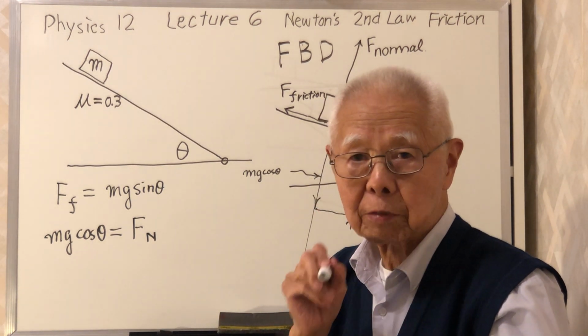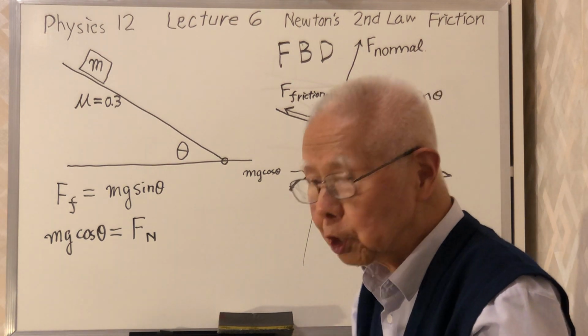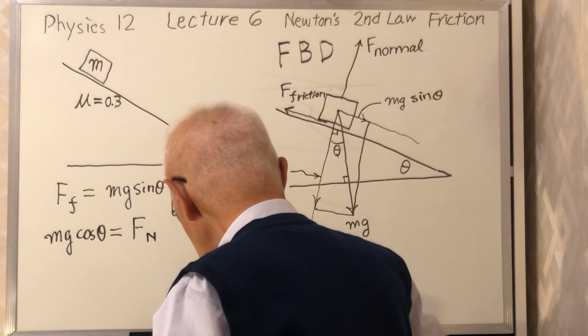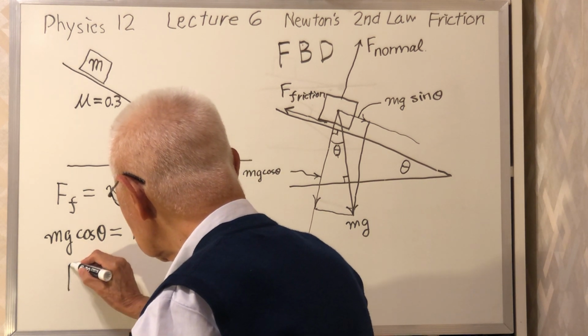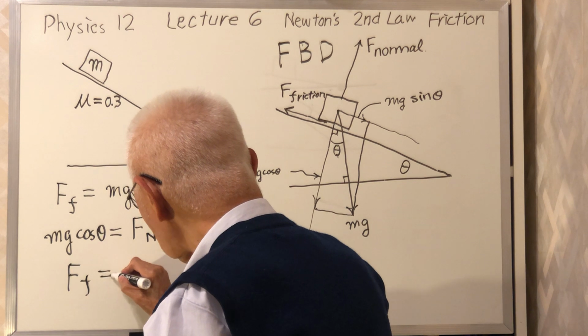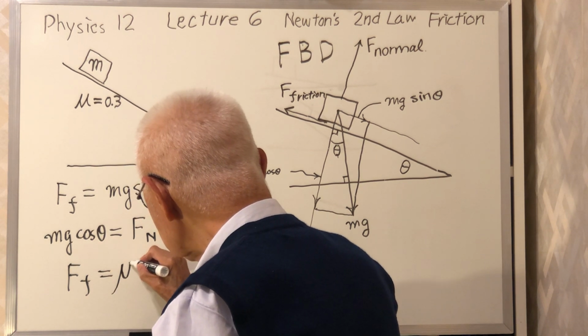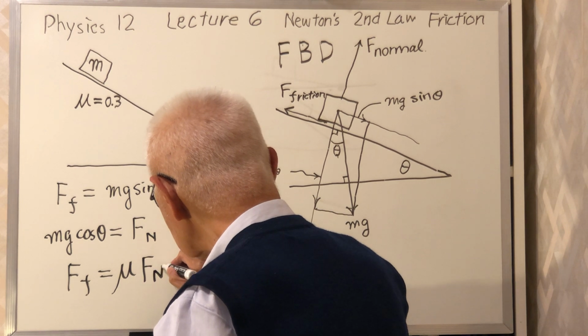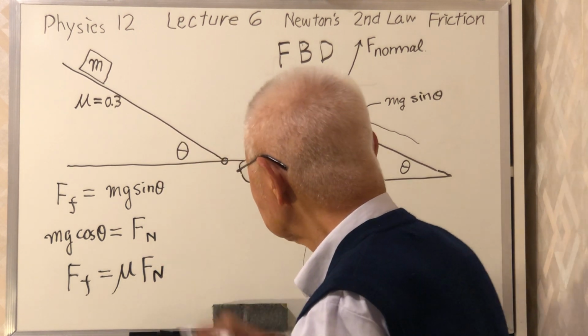That relation, you have to memorize it. It is mu times normal force. Friction is coefficient of friction times the normal force. Okay.